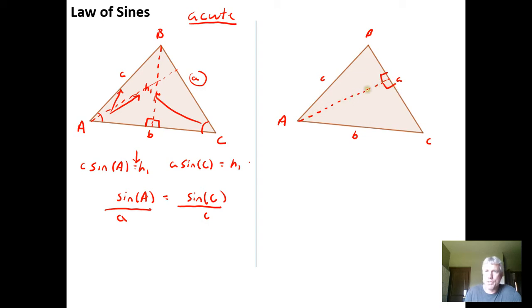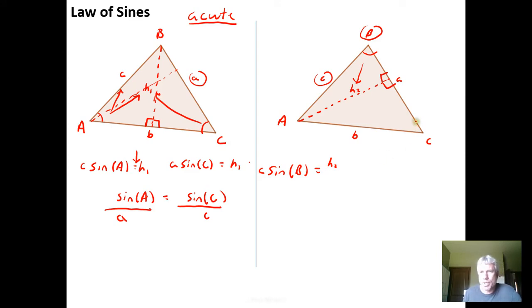And we'll label this height h2. And then what we can see is that the sine of B is going to be equal to opposite angle B, which is height 2 by right triangle trig definitions, over the hypotenuse, which is length c. Multiply both sides by c, and we'll get c sine B is height 2.